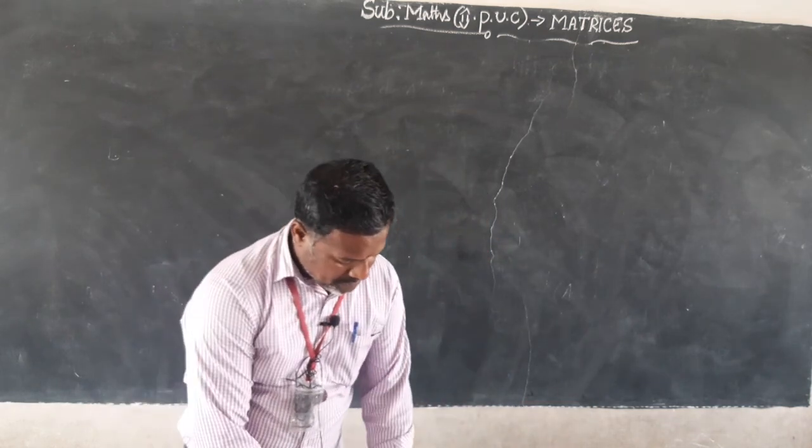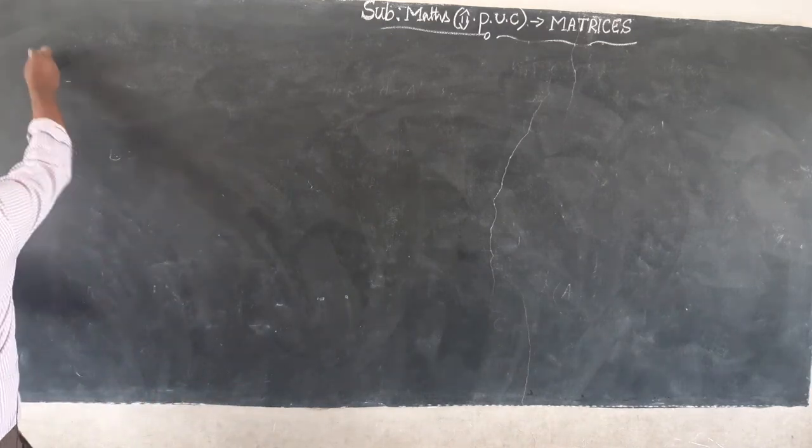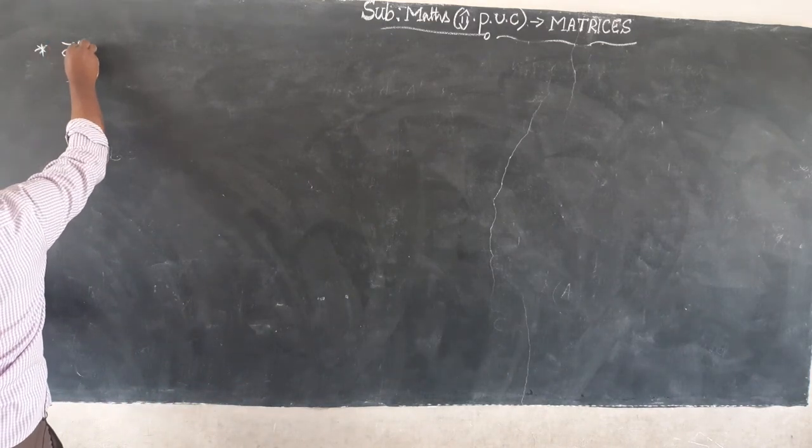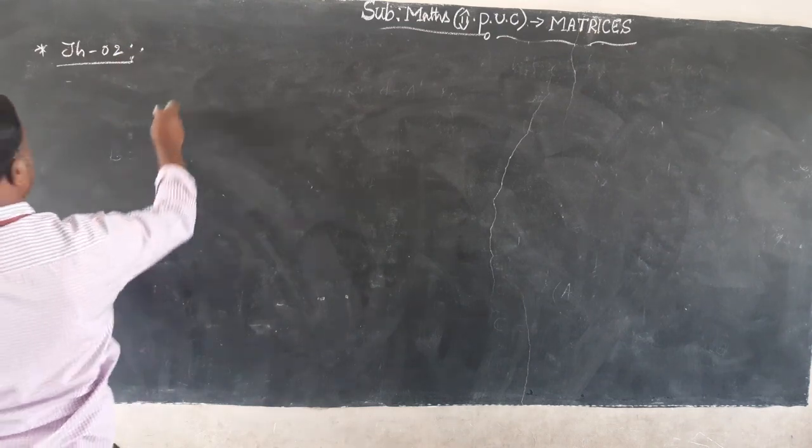Next, put down another important theorem. Theorem 2. It's very important children.